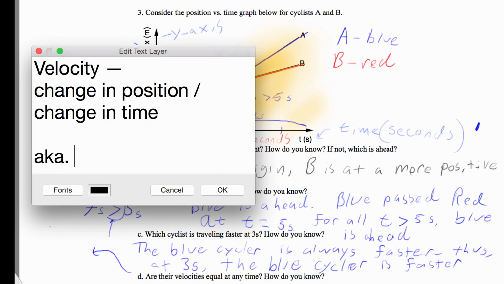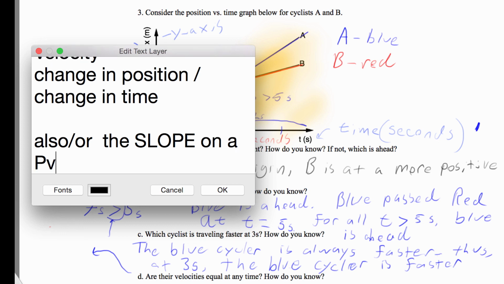It's very similar to speed, but it's not quite speed. The other way to say it is, it is the slope on a position versus time graph.